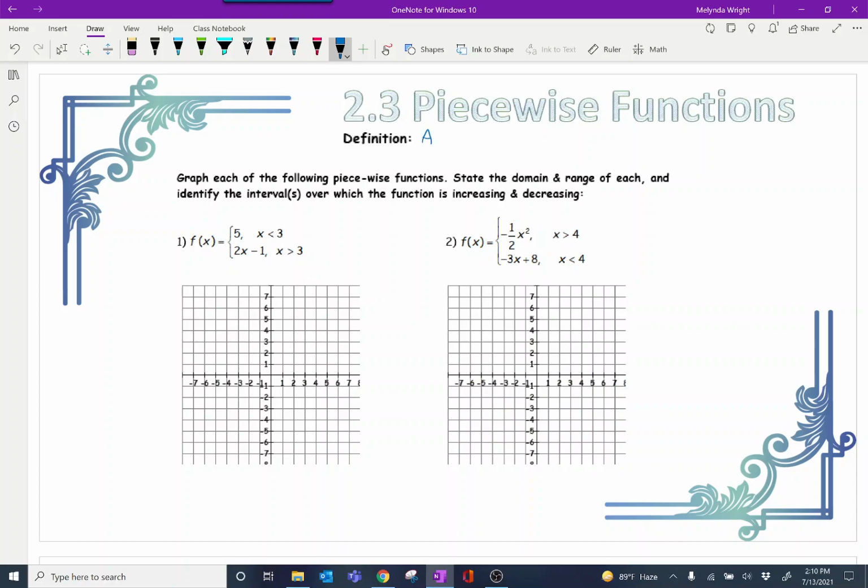It's a function that is composed of parts or pieces of other functions over specific intervals.